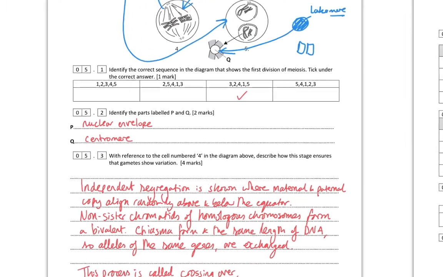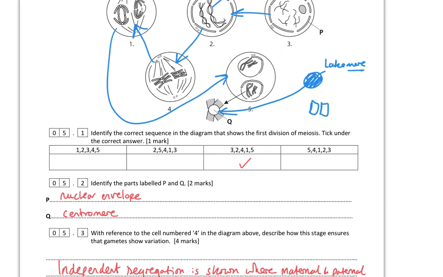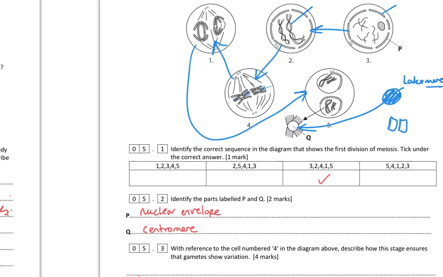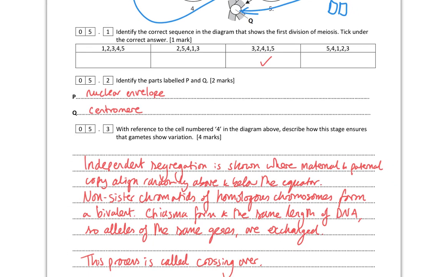And then 5.3, with reference to the cell numbered 4. If we look at cell number 4, it's doing some crossing over, even though it really happens in prophase. Some crossing over there, and on either side of the equator. So I can talk about independent segregation, shown where maternal and paternal copies align randomly above and below the equator.